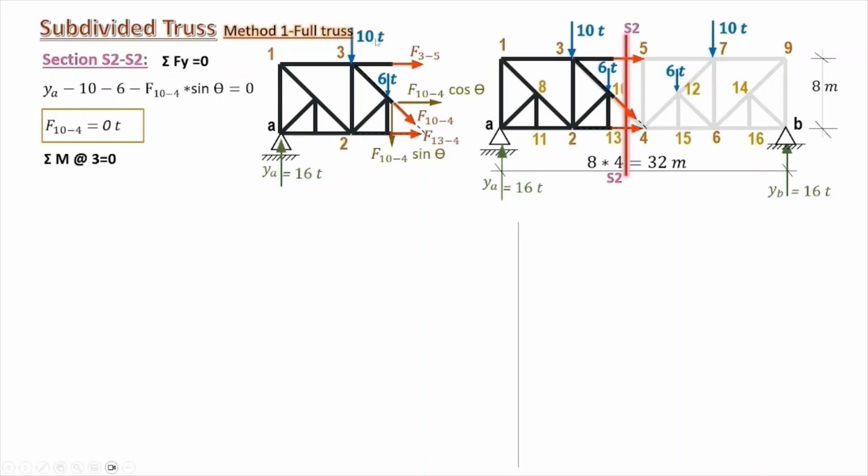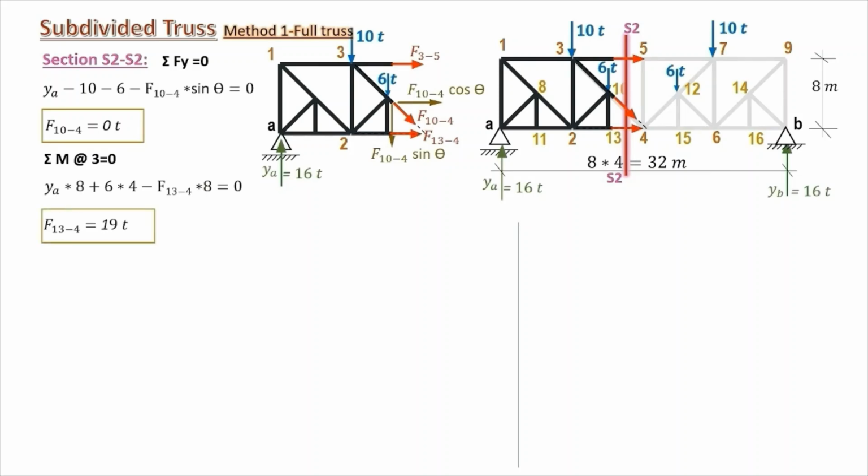Taking sigma moments about joint 3, we get rid of the forces 10.4 and 3.5 as both pass by the joint 3, and we are left with the only unknown F13.4. Always it's our aim to find equations that carry one unknown in it.